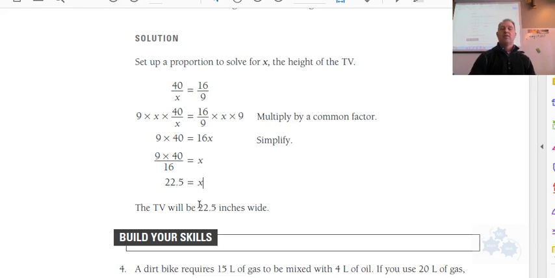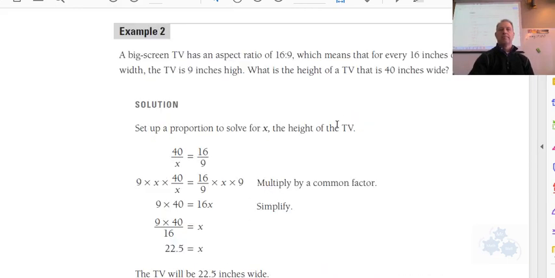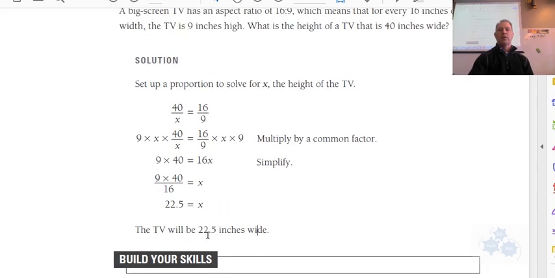See that? If it's 40 inches wide, with the same ratio as 16 to 9, it's actually 22.5 inches. Whoa, the height. That should be high. That's a typo, I think. That's wrong. It's 40 inches wide. That means it's 22.5 inches high.